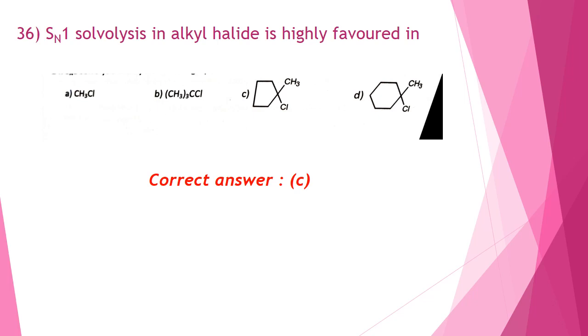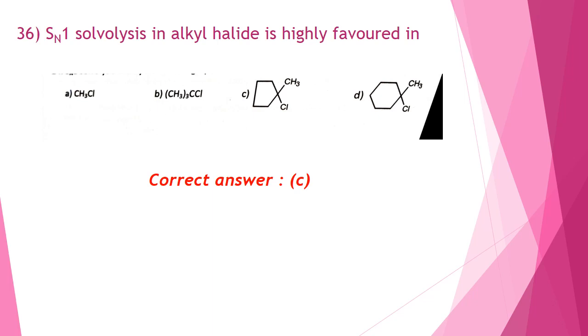The SN1 solvolysis in alkyl halide is highly favored. 4 options are given. Here you have to consider the stability of the carbocation.